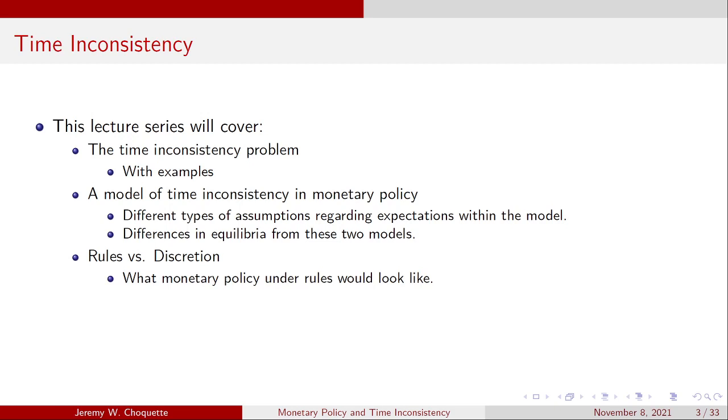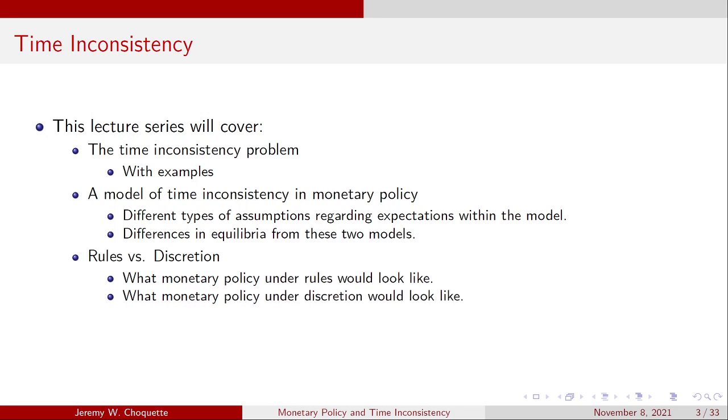Anyways, enough about that. Next, we are going to talk about rules versus discretion. We're going to talk about what monetary policy under rules would look like. Namely, are they bound by a strict set of rules from which they cannot deviate regardless of the circumstance?